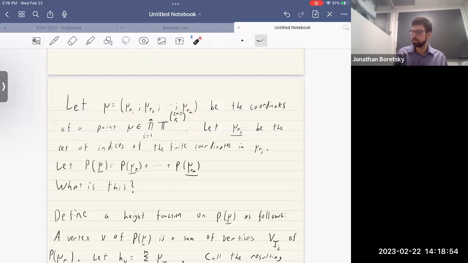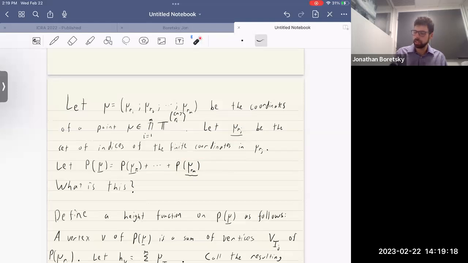And we are going to let mu rj underline be the set of indices of finite coordinates in mu rj. So mu rj is a point in T to the n choose Rj, and T is R union infinity, so it's going to have some finite coordinates and some infinite coordinates. So the support of mu rj, this underline notation, is going to be the indices of the finite coordinates.